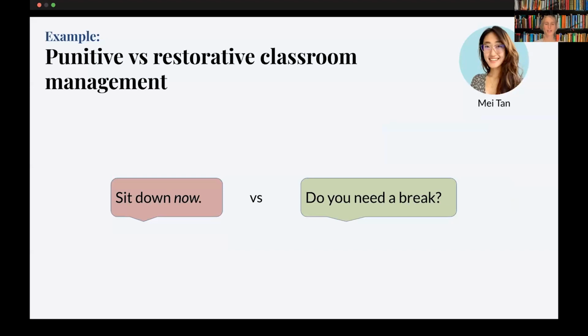So it's really important to help them by giving feedback on things that are really inside the classroom. For example, punitive and restorative practices differ in terms of whether they try to punish students and threaten them, or whether they're trying to invite feedback and demonstrate empathy with the students.